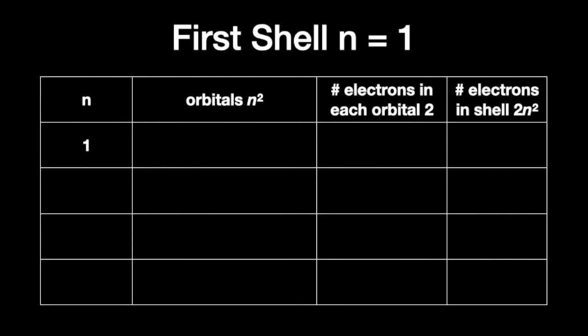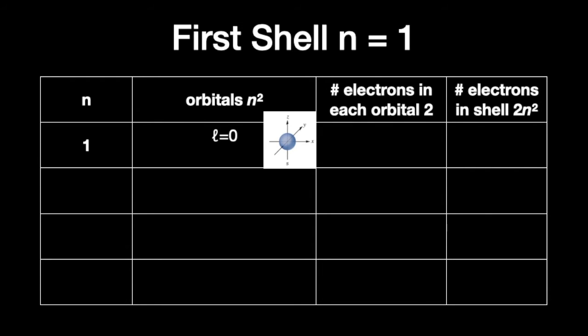All right, so let's look at the first shell here. When n is equal to 1, we know that L can be 0, and that's it. It can vary from 0 up to n minus 1, so L is equal to 0 only. We describe this electron cloud as an s orbital, and we could compute the number of orbitals here by taking 1 and squaring it, and we get 1. So we know there's only one orbital in the n equals 1 shell.